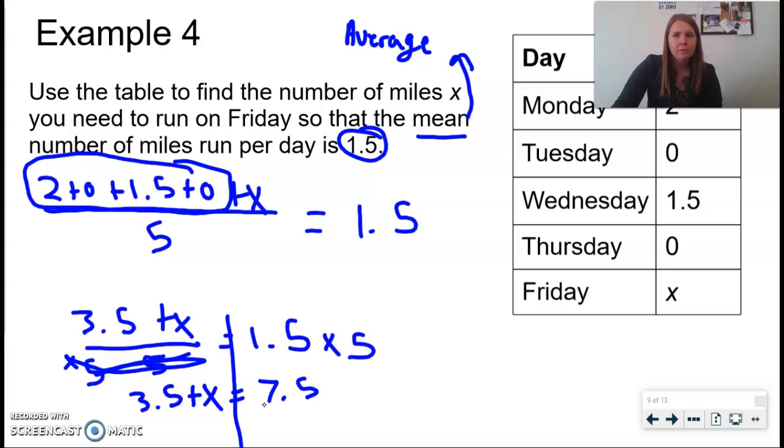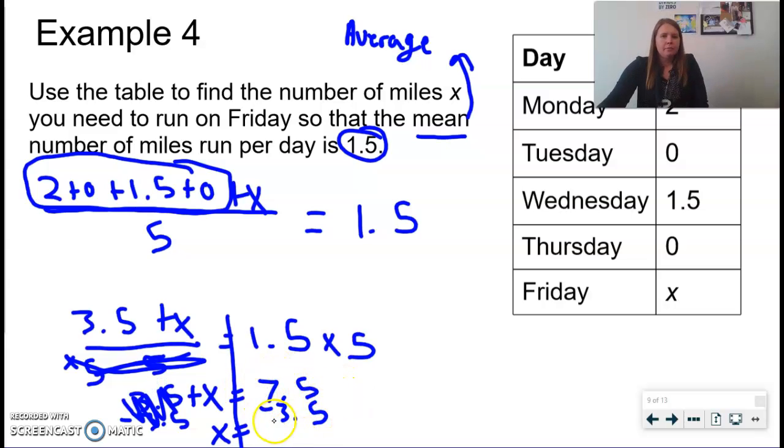The opposite of a positive 3.5 is a negative 3.5. So to move this over, I actually need to subtract this. I don't have a ton of room down here, but let's see if we can squeeze it in. These cancel out. I have 7.5 minus 3.5, and we'll just double check in the calculator, which gives me x equals 4.